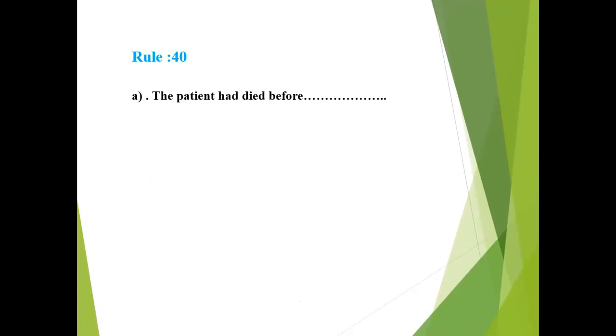Now rule 40. A. The patient had died before dash.